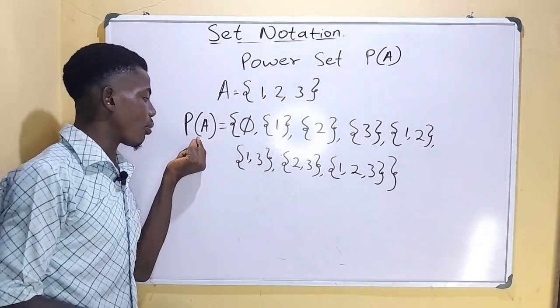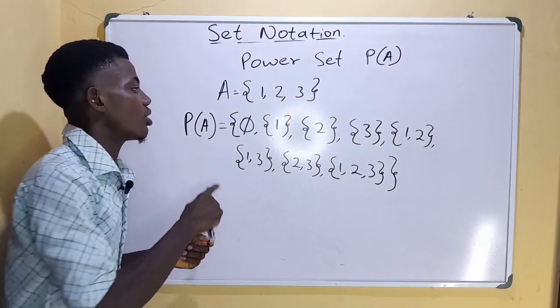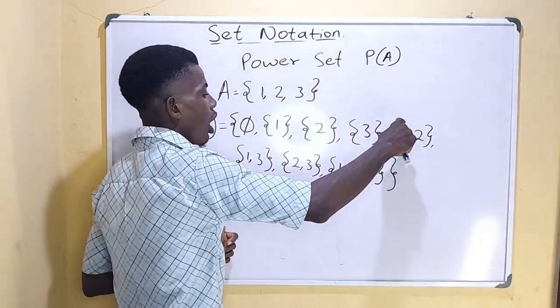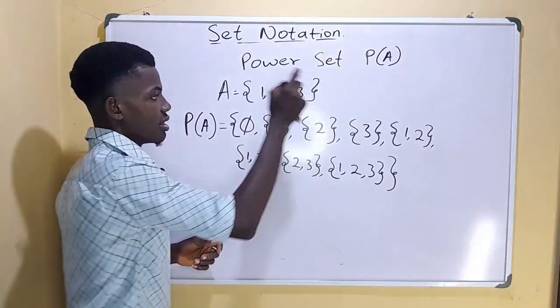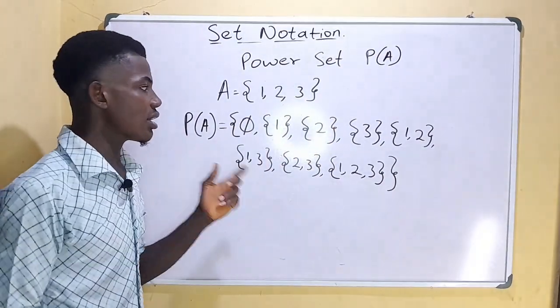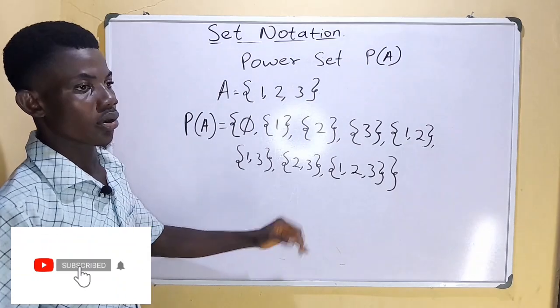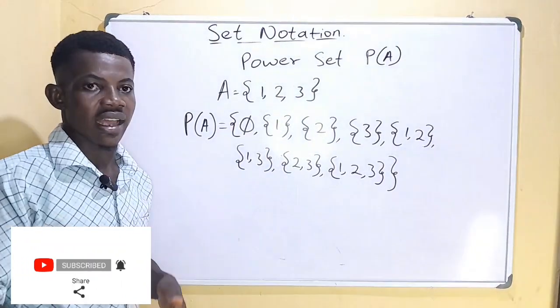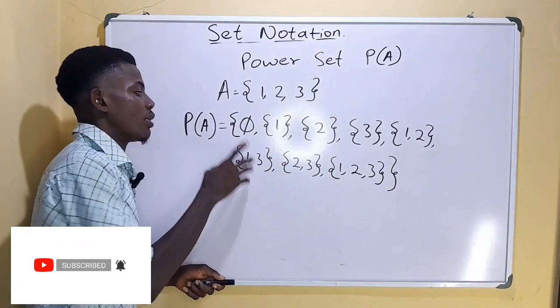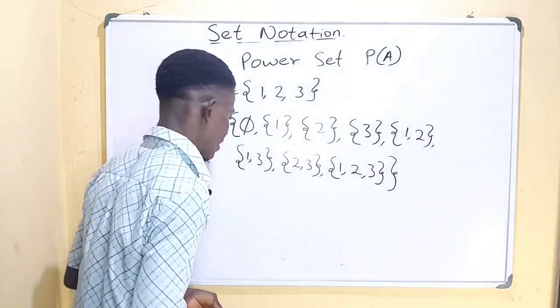Remember, we said that the power set is a set containing all the subsets of a given set. So there is a formula we use to calculate how many subsets a set has, so it will be easy for us to list them.